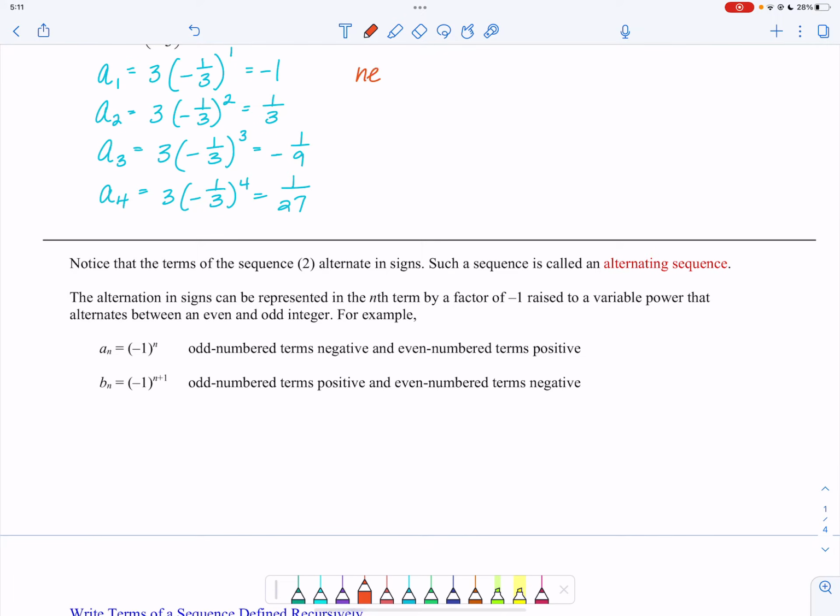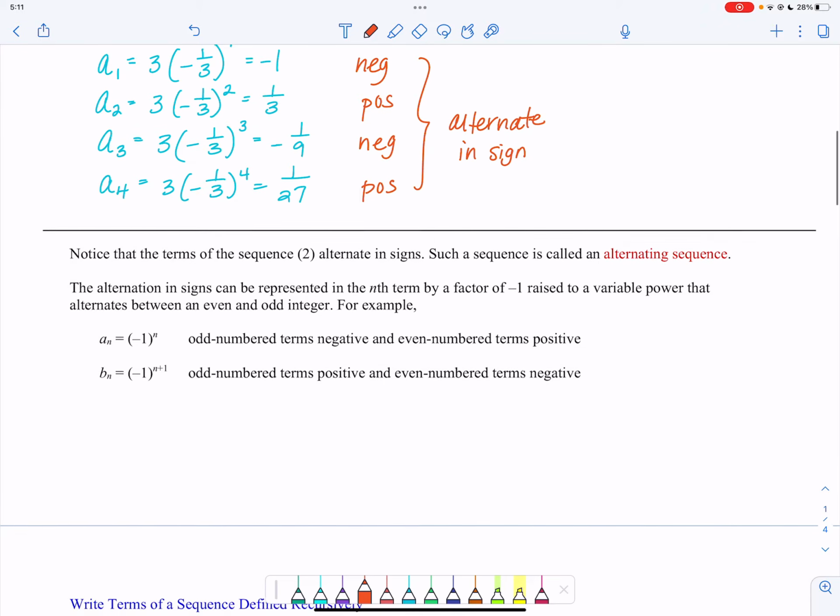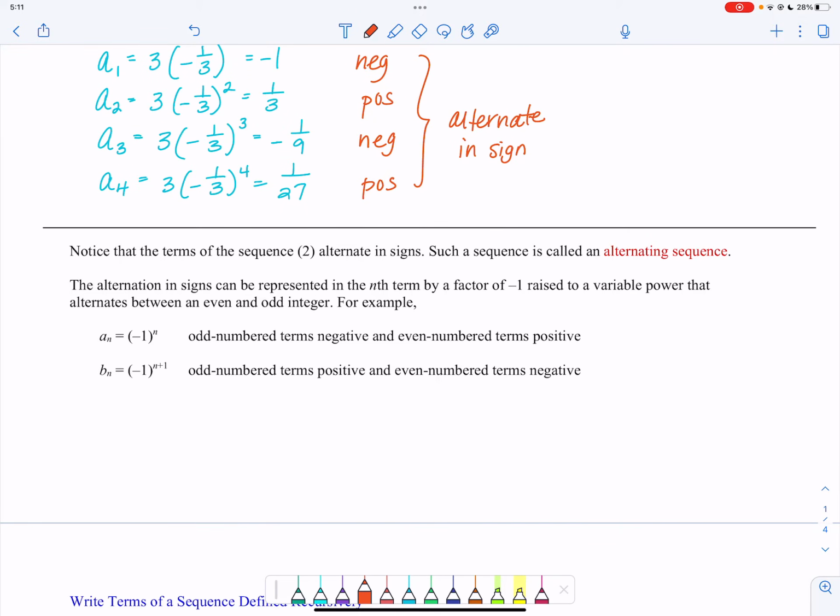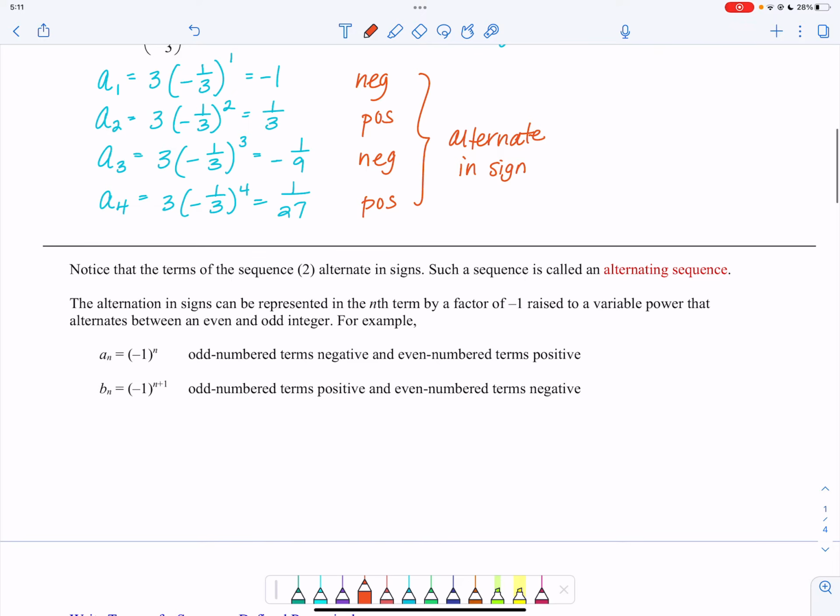Here we have a negative term and a positive term and a negative term and a positive term, and these alternate in sign. When you have a sequence that alternates in sign, you have what we call an alternating sequence.